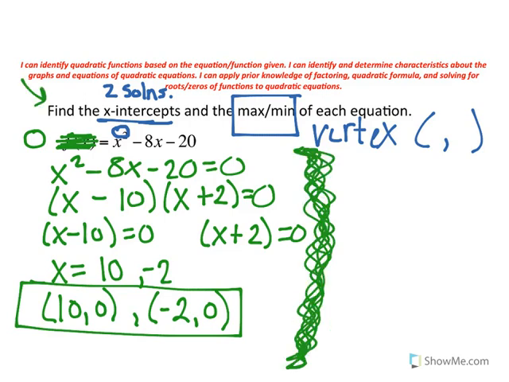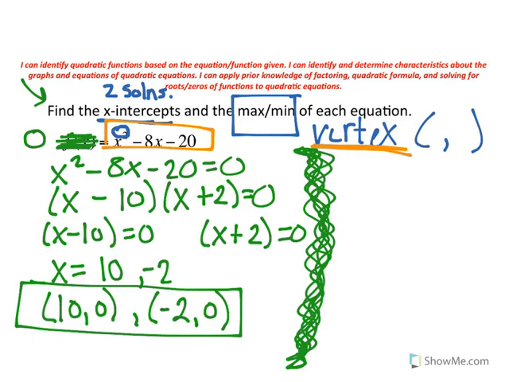The second part of our direction says find the max or min. From last class's lesson, we have to acknowledge that if you are asked to find a maximum or minimum, that is literally asking for the vertex, and then telling me if the vertex is a max or a min. So we need to take a look at that original function that was given to us.